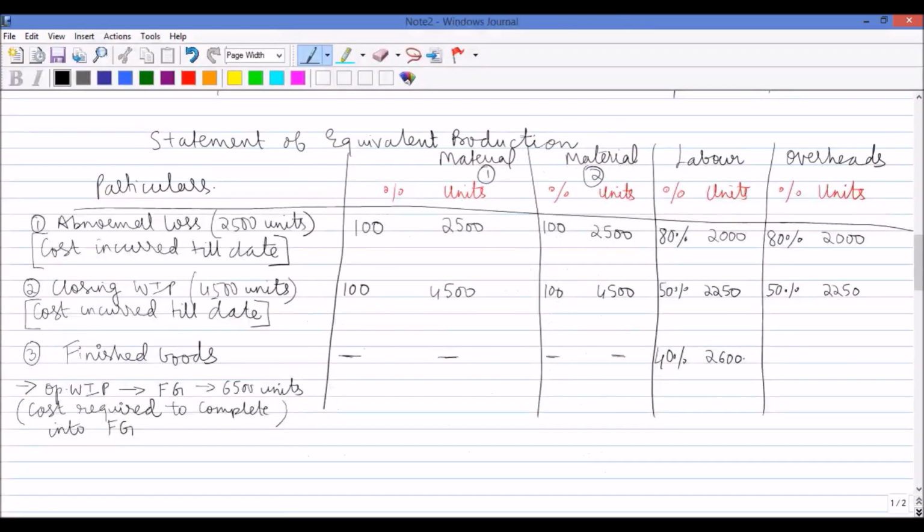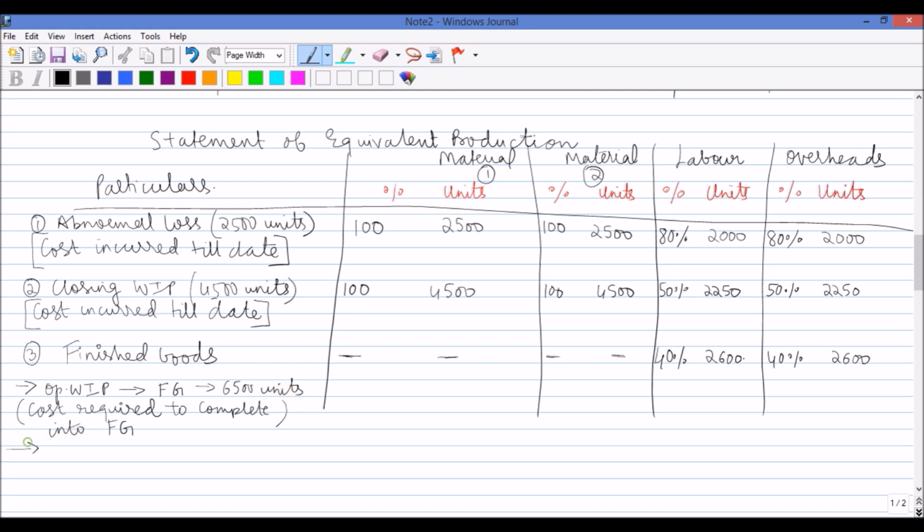Now the overheads have 60%, so 40% more overheads need to be absorbed to make it into finished goods. So 6500 into 40% is going to give you 2600 units.